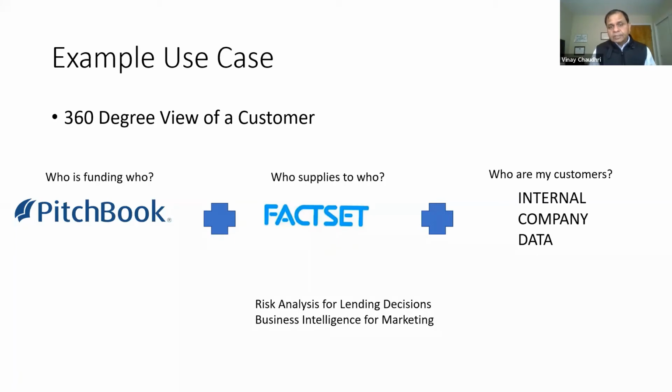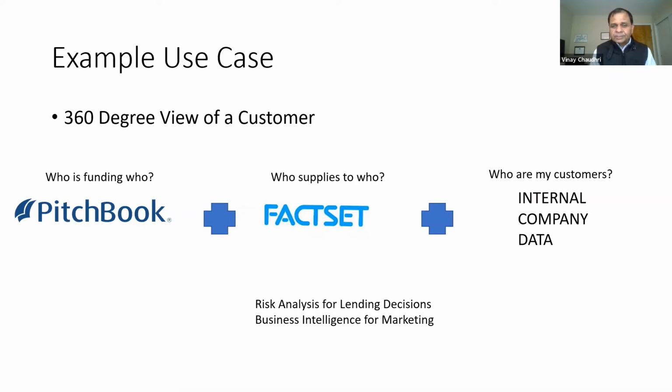Now, think about an application such as risk analysis, where you are making some lending decisions. It could be very useful for a company to know how the customers or suppliers of a particular company are doing and whether they might be in some trouble, right?